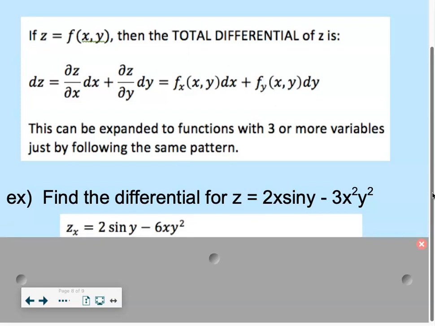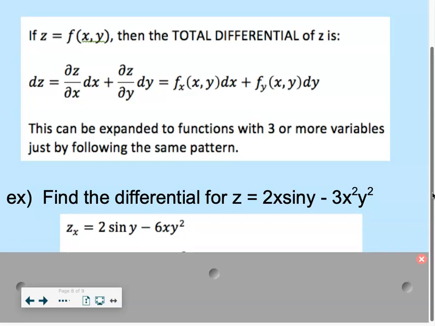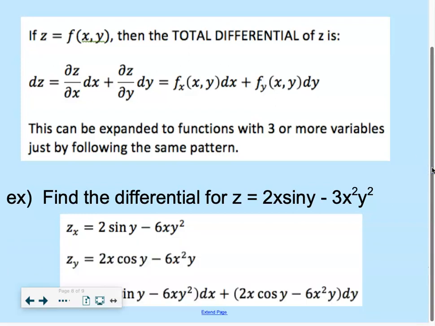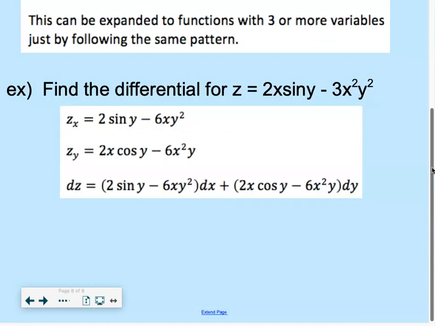Partial y: you have 2x cosine y minus 6x squared y. All right. And then your differential, you just take your partials and you're just multiplying them by the dx and the dy. That's it? Yeah, that's all you do.